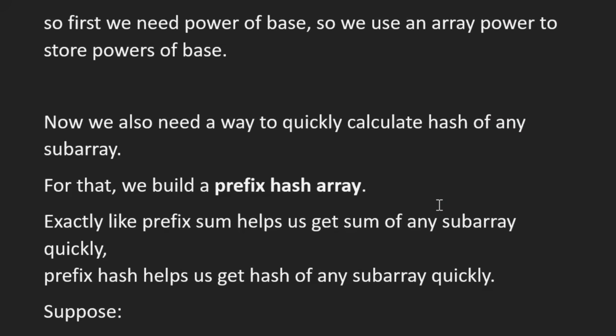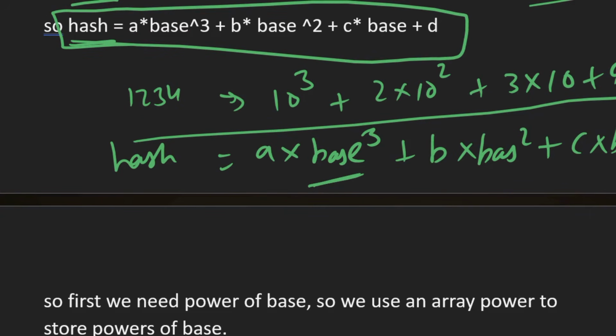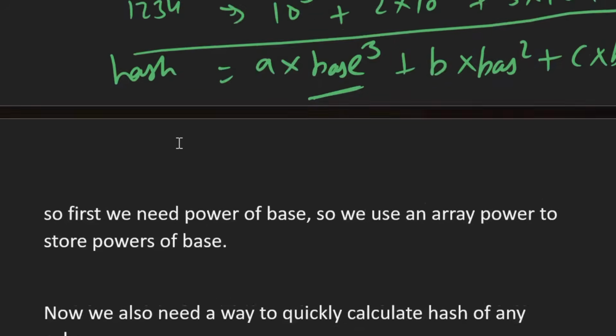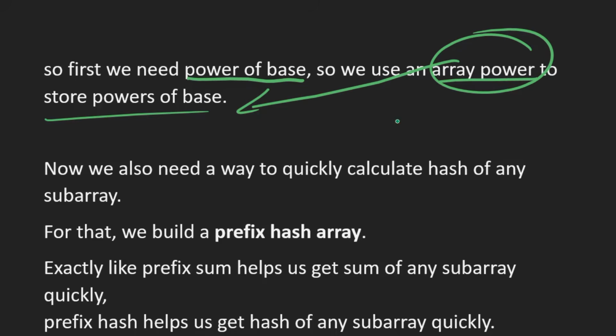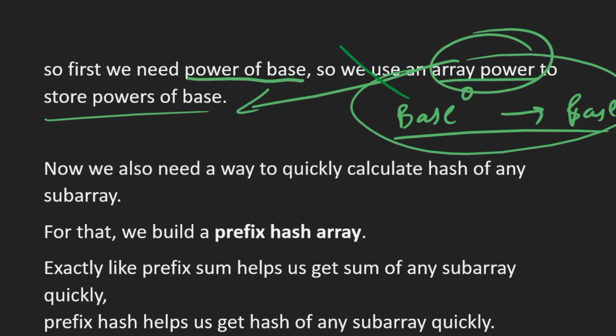If you see here, to compute the hash we need the powers of the base: base square, base cube. So we'll use an array power which will store all the powers of the base, from base to the power 0 to base to the power n. We then use those powers to compute our hash.